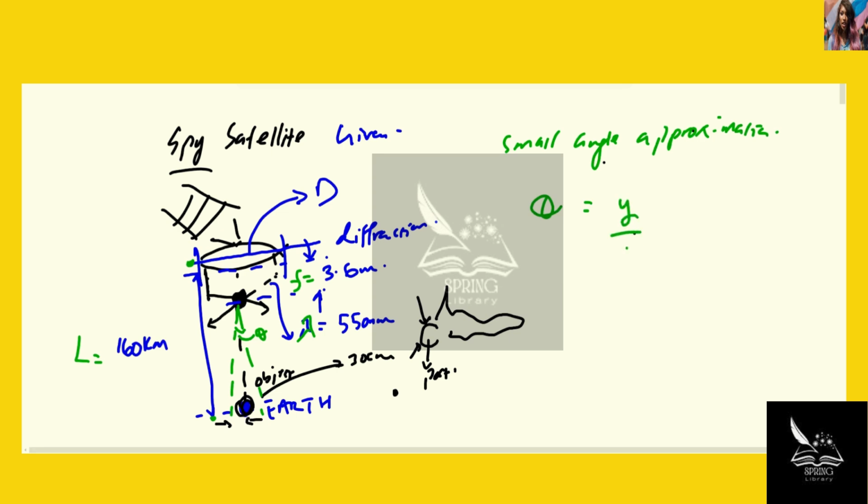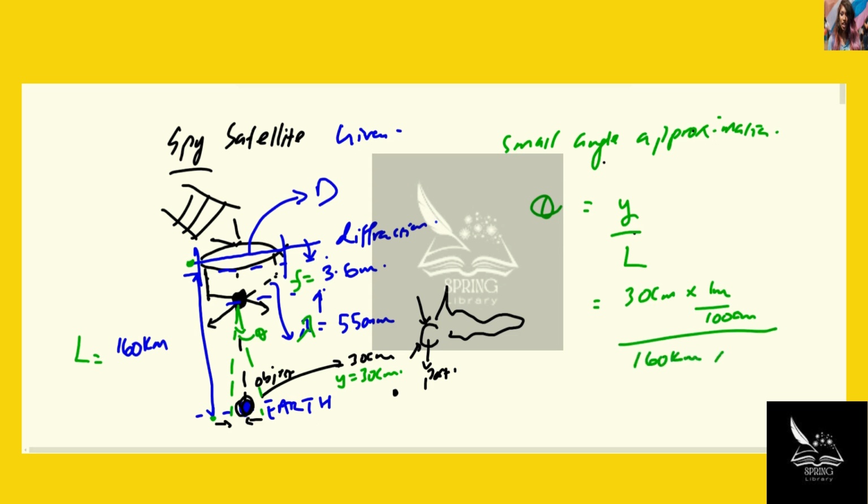y over L. Of course, y is 30 centimeters, the size of the object. So, 30 centimeters times 1 meter over 100 centimeters. And then L is 160 kilometers.